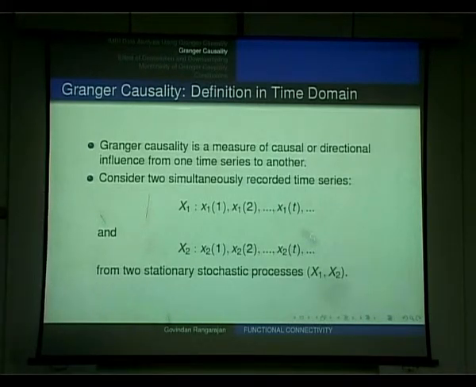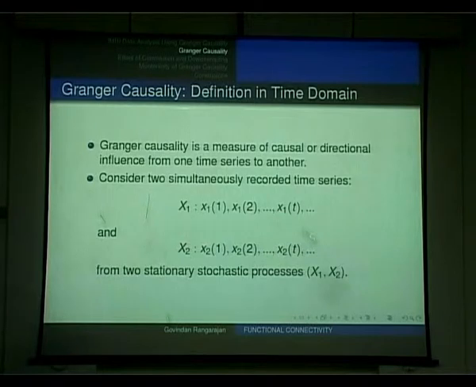So the basic setting is this. You have two recordings of data. In our context, you could think of it as recordings from two different regions of the brain. It could be LFP recordings from two different electrodes, or in the fMRI case, it could be recordings you have from, say, two regions of interest.